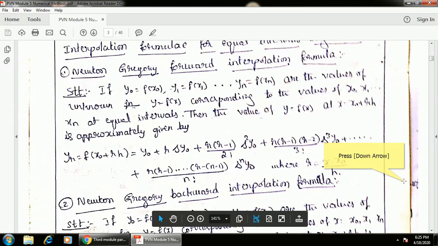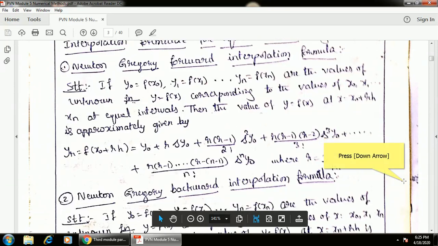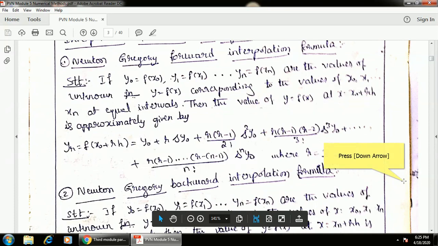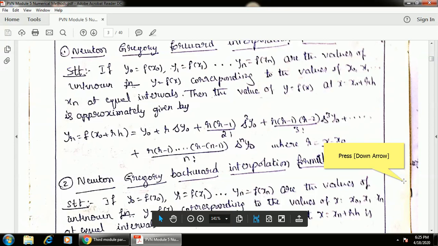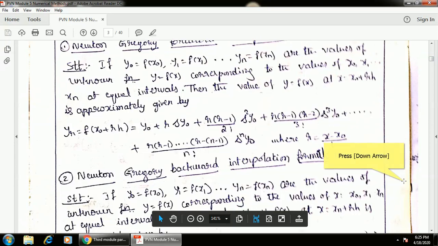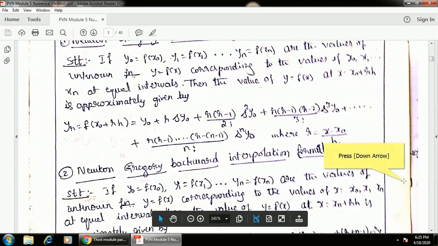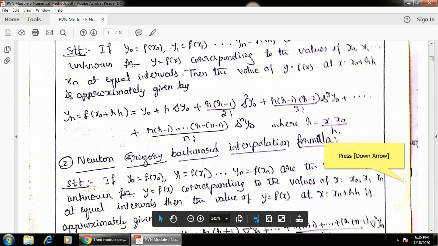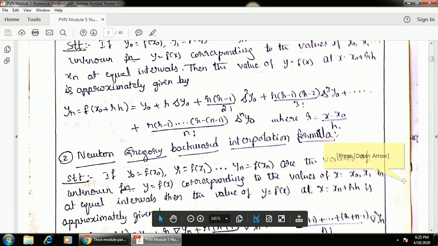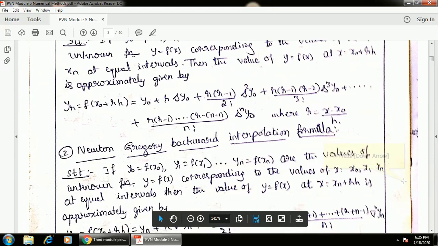Now, we'll move on to Newton-Gregory backward interpolation.